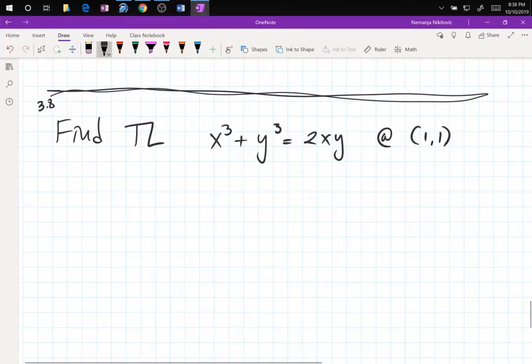This might be a good time to remind you of the product rule on the right-hand side. Copy 2x, derivative of y is dy/dx. And you copy y, and then the derivative of x. So the dy/dx is in the wrong terms.